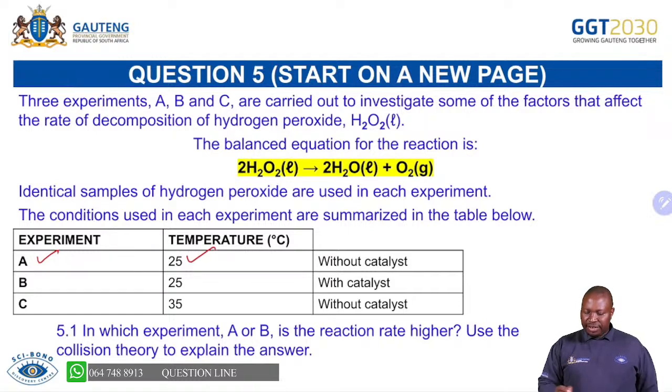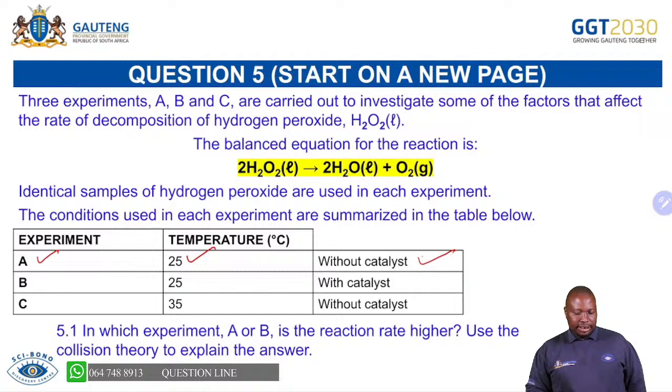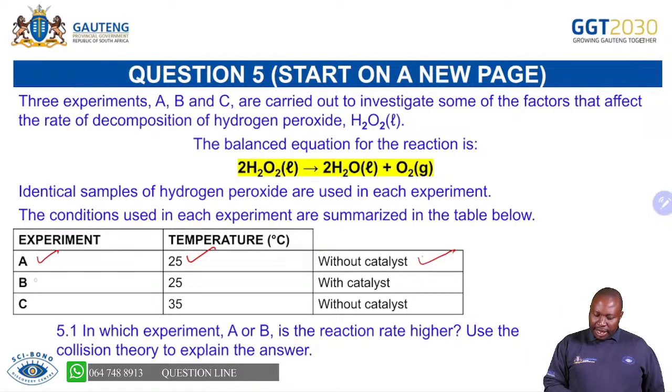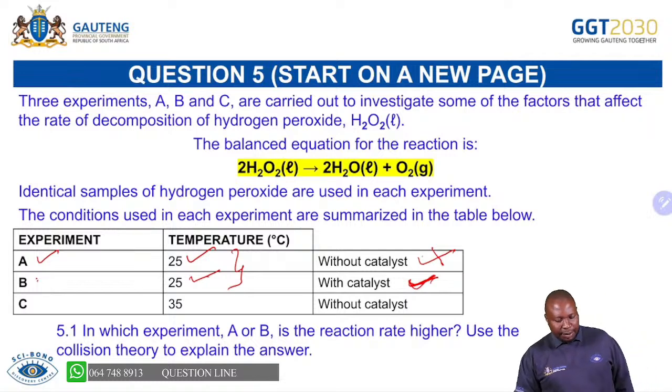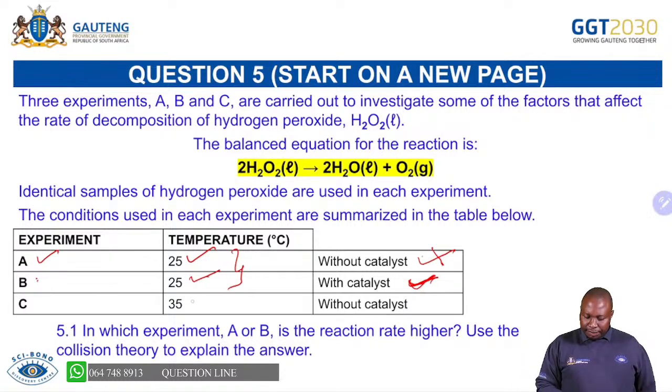Temperature is 25. There is no catalyst. Experiment B, temperature is 25, same as this one, but with a catalyst. This has no catalyst. This has a catalyst. Experiment C, temperature is high, but without a catalyst.